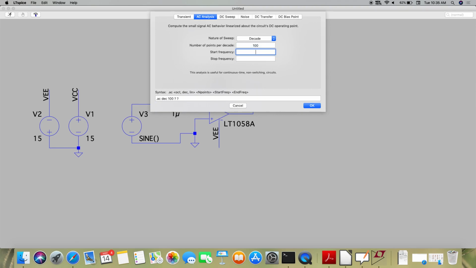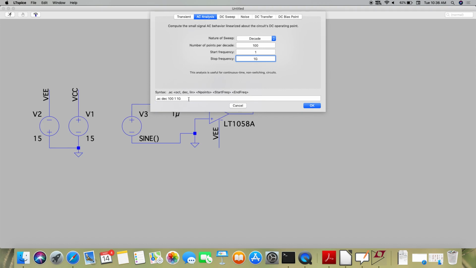Start frequency I'm taking 1. Remember, do not give 0 as start frequency, because on a log scale you will never have 0, right? You already know this. You can give 10 raised to minus 6, 5 or anything, but 0 will not be available. So I generally start with 1, right? And you can give as high as whatever you like. Let's assume 1 giga I'm giving.